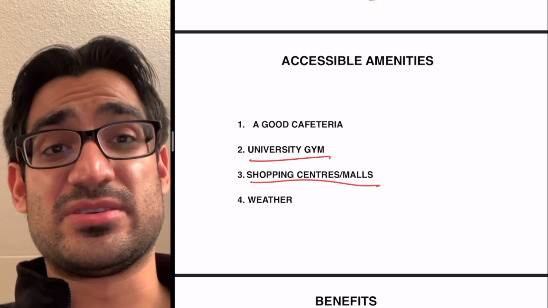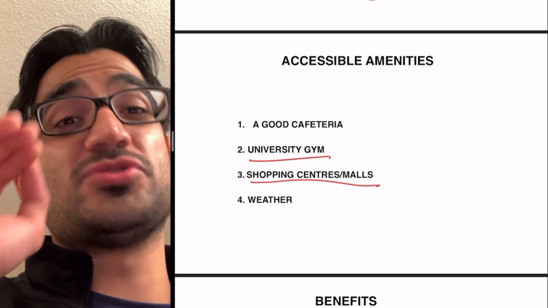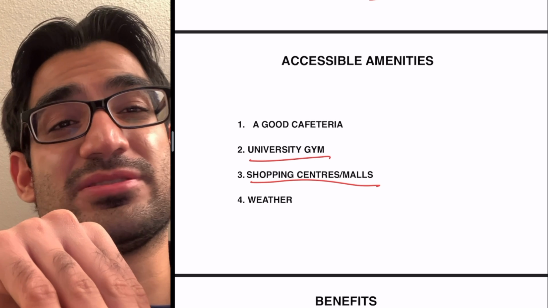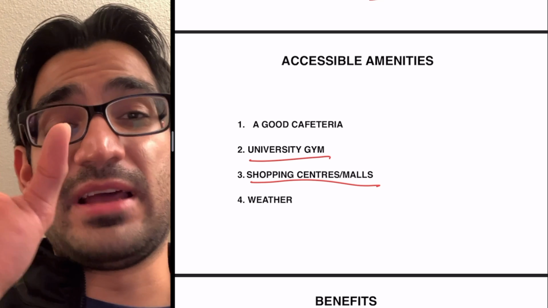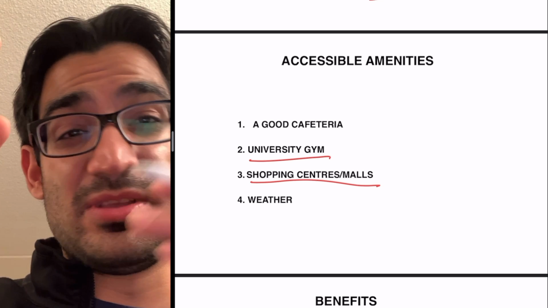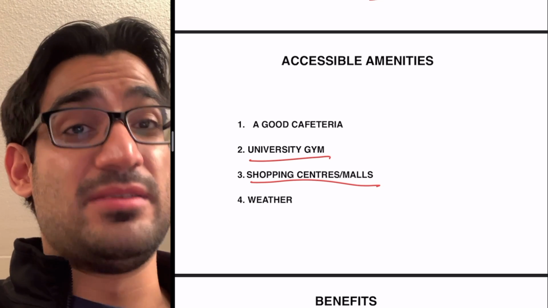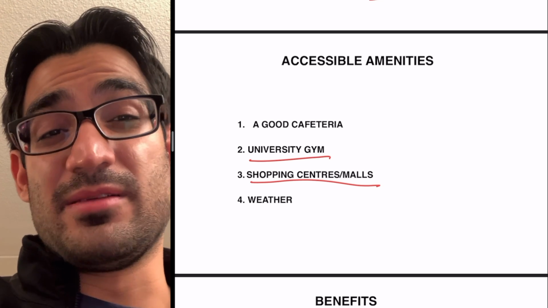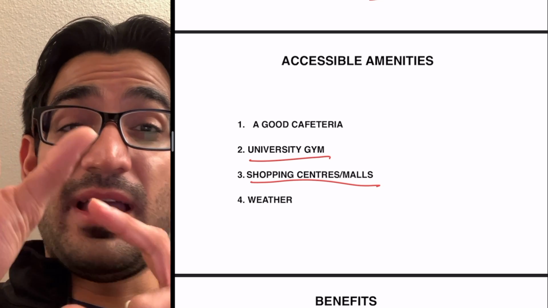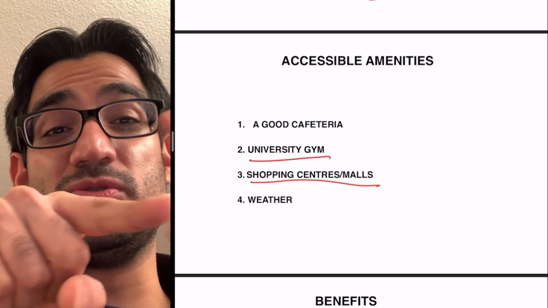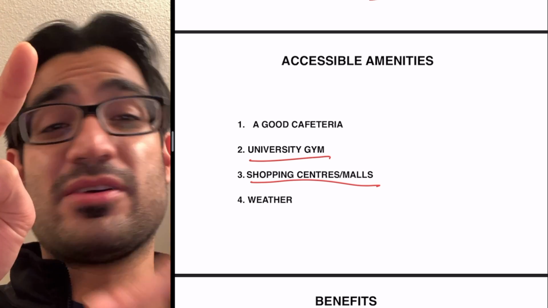Nearby shopping centers and malls, because in residency you are so short of time. Literally, I just get 6 or 7 hours of free time daily, and in that free time, there's cooking involved, there's rushing back and forth from clinical sites, right? So there's a very little amount of time when you are done with the day at your program, and so you need shopping malls and shopping centers where you can buy groceries.